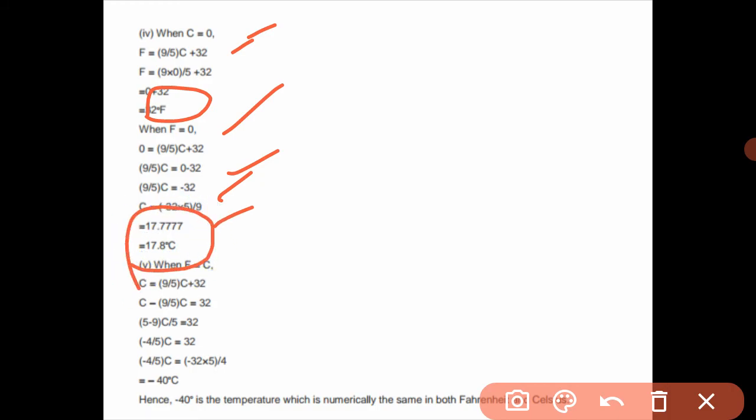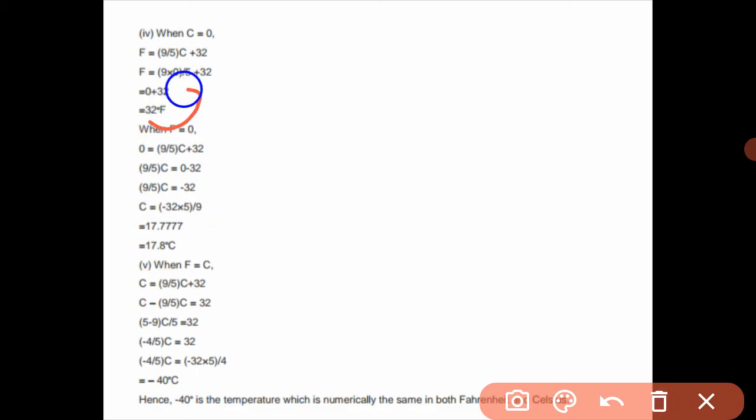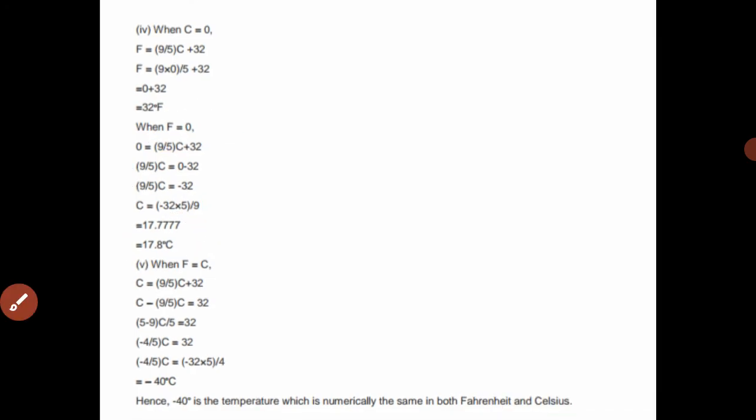Meaning when the temperature is 0 degree Celsius, its Fahrenheit will be 32 degree Fahrenheit, and when it is 0 degree Fahrenheit, then by putting F equals 0, C will be equal to 17.8 degree Celsius.